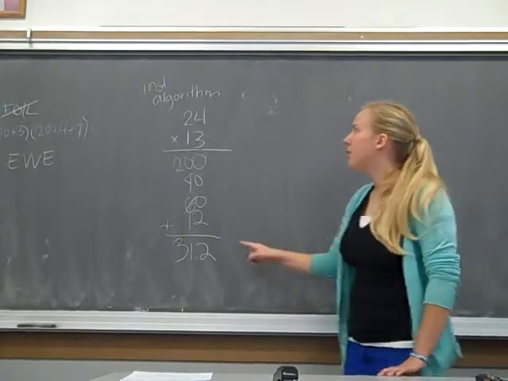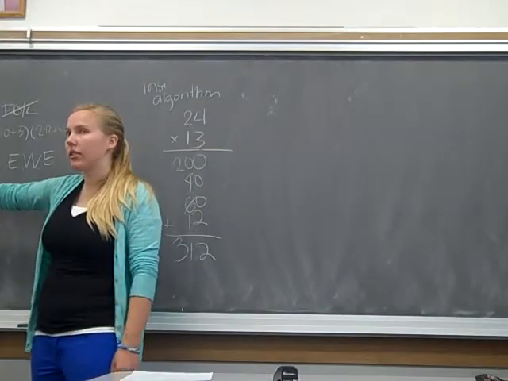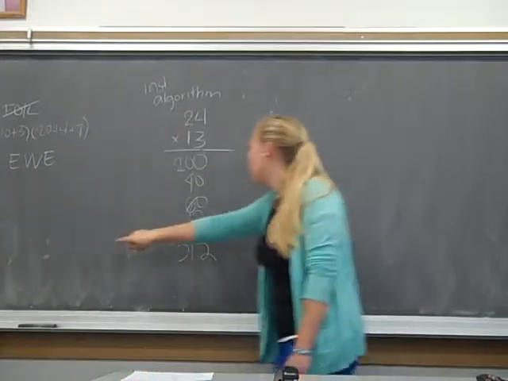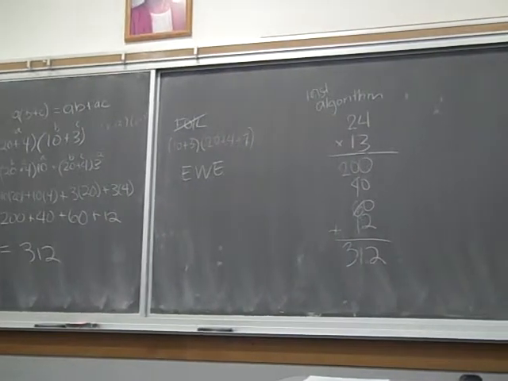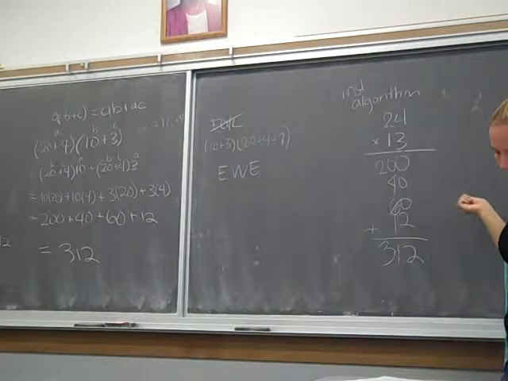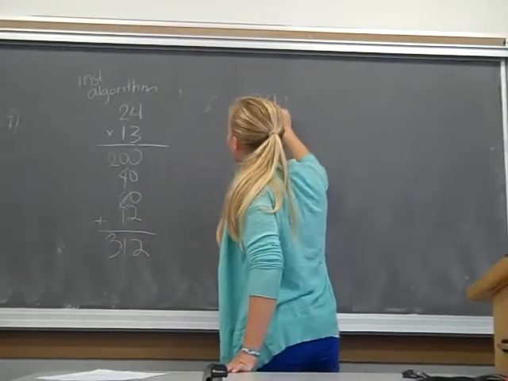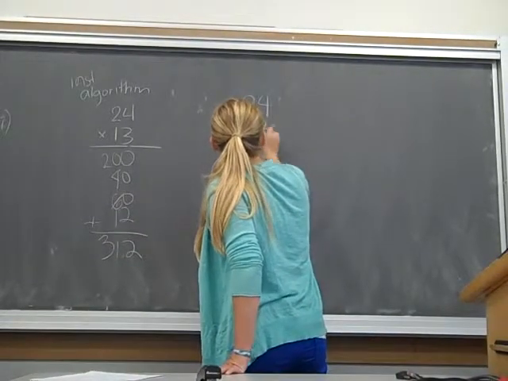Okay. So this is the instructional algorithm that bridges the gap between this and the standard algorithm, which is the next one, the one that we're all used to. So let's do the standard algorithm, and you can all walk me through it.